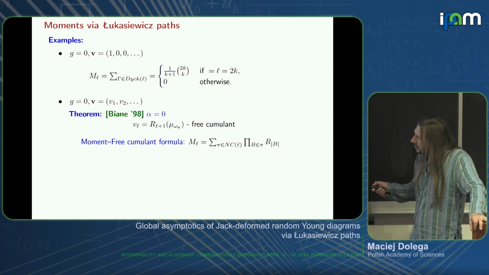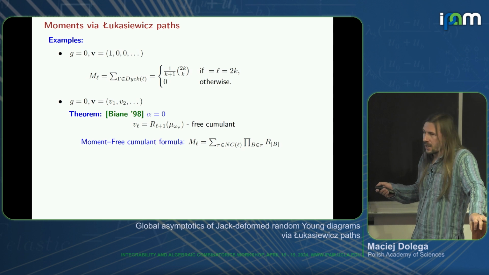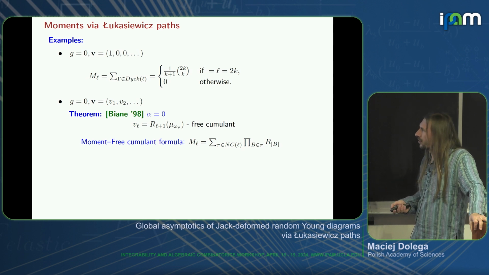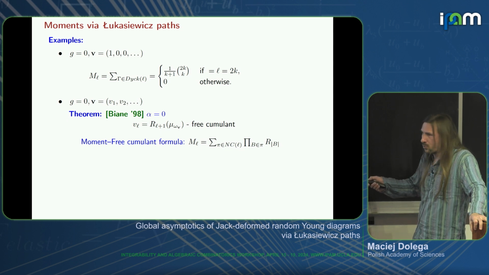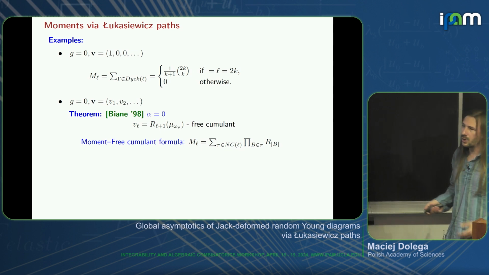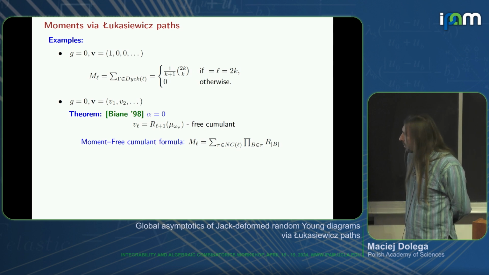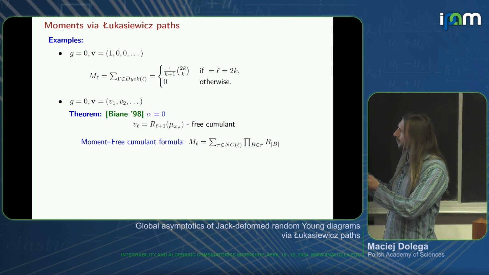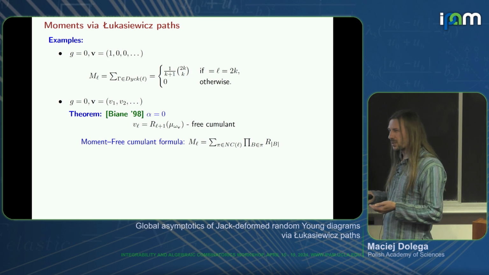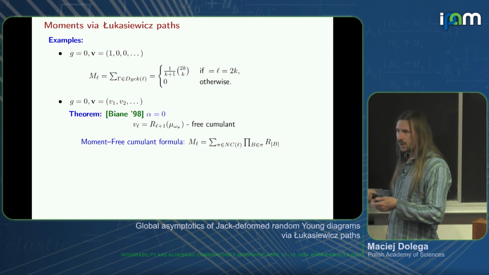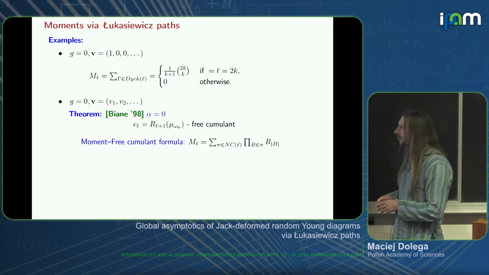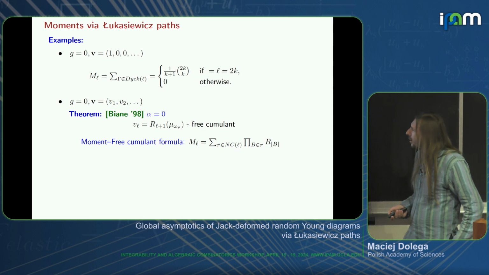I told you that there was this theorem of Biane who proved that the v_l is something called the free cumulant of this probability measure. And by the way, this was a very beautiful result because somehow what Philippe discovered is that asymptotic representation theory of the symmetric group is governed by free probability theory. And it's really, really nice.